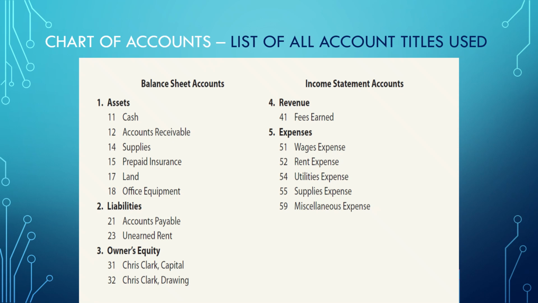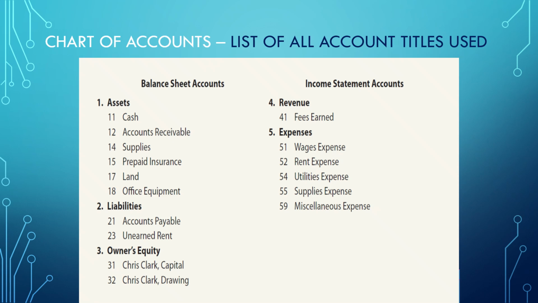Normally we have cash, accounts receivable, supplies, prepaid insurance, land, office equipment, and all other assets that the business owns, like buildings. Liabilities, we normally have accounts payable, the unearned rent, we have the mortgage payable, note payable, and all other payables.